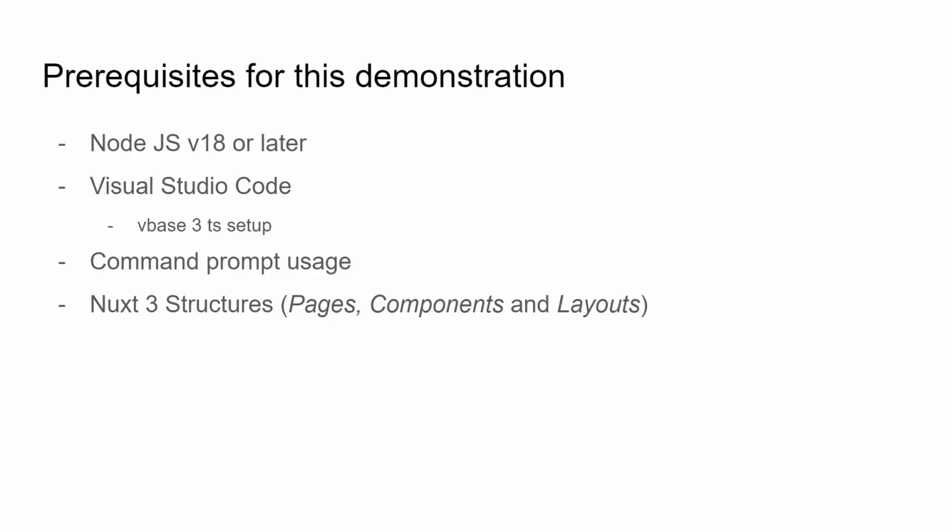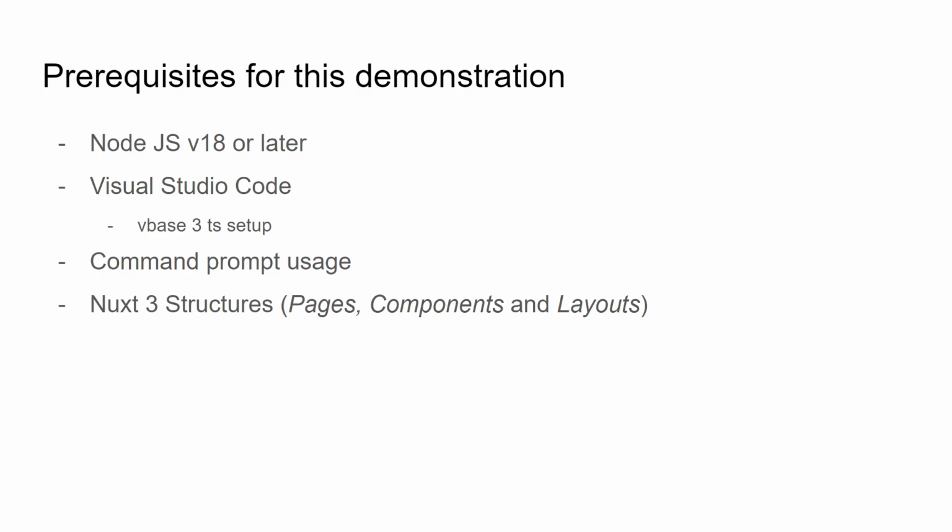The hands-on is going to be Nuxt3 with CSS. You need to have Node.js version 18 or later. I myself use version 20. That should not be a problem. In Visual Studio Code you should have the plugin for the Vue3 TS setup. This plugin is in VS Code, the VS Code template.